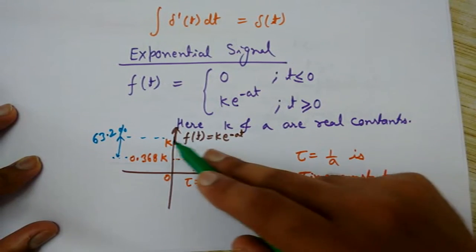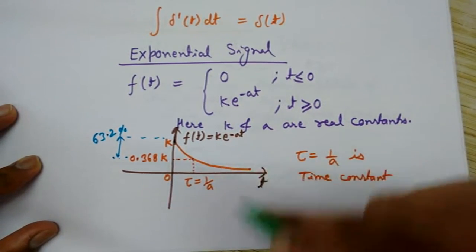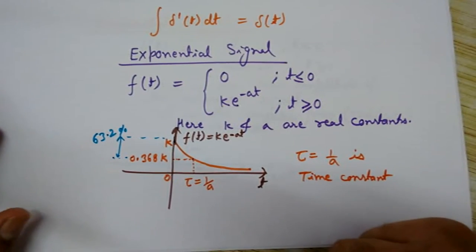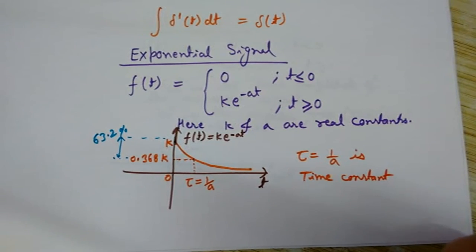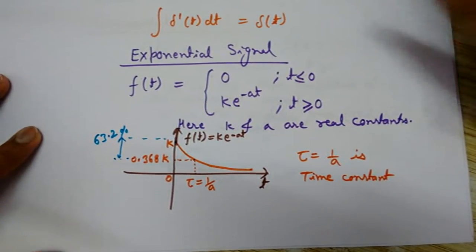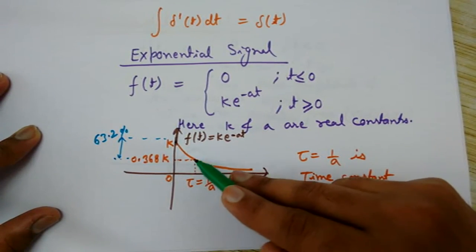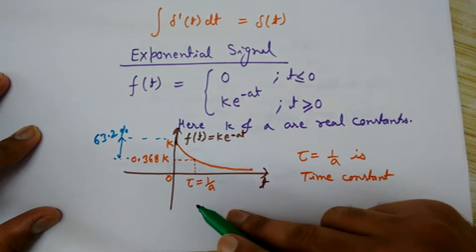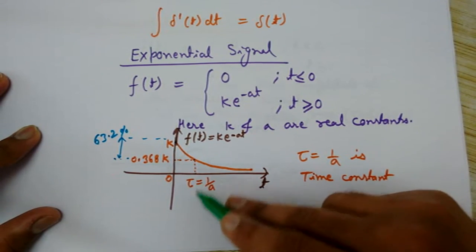You can see it is an exponential curve. One important thing in this case is the time constant, denoted by tau, which is 1 by a.